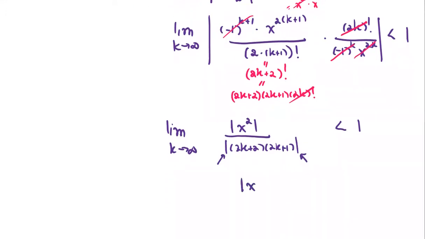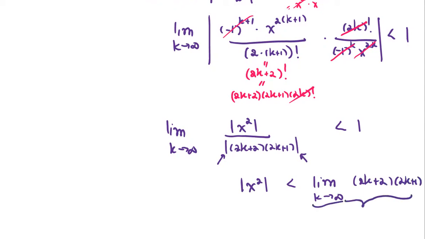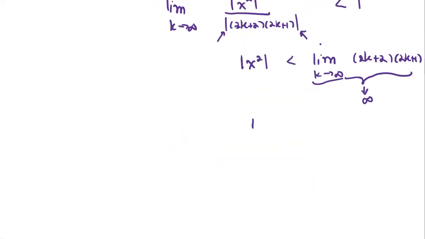Now we can see that the absolute value of x squared is less than the limit as k approaches infinity of the quantity 2k plus 2 multiplied by 2k plus 1, and the limit of this factor approaches infinity. Or we can say the absolute value of x squared is less than infinity, which means the absolute value of x is also less than infinity. Then we get that the radius of convergence is infinity.